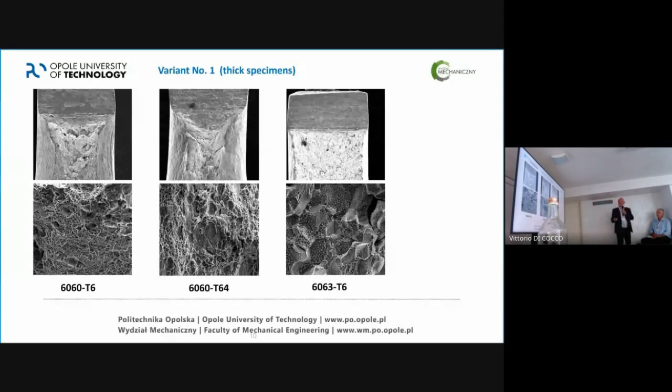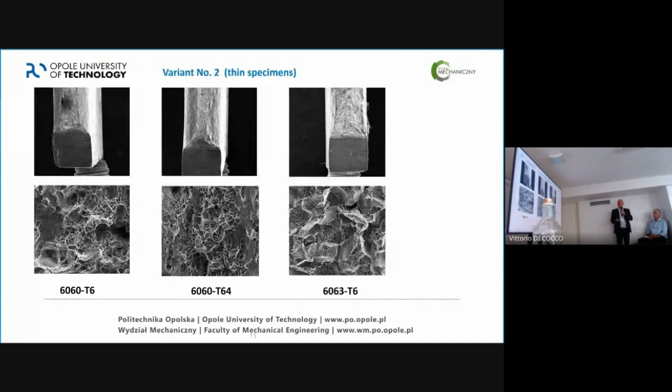And variant number 2, it's the thin specimen. We also see that for aluminium 6063 the photos are completely different compared to aluminium 6060, it all depends on T6 or T64 treatments.